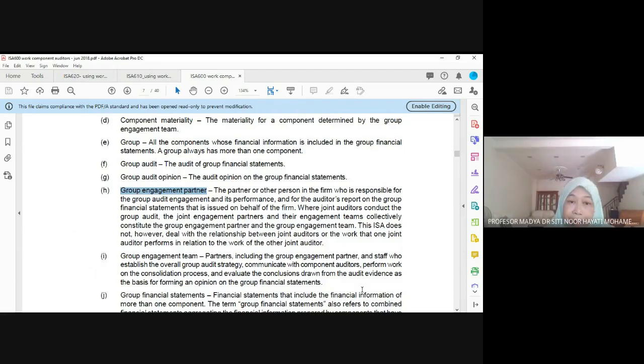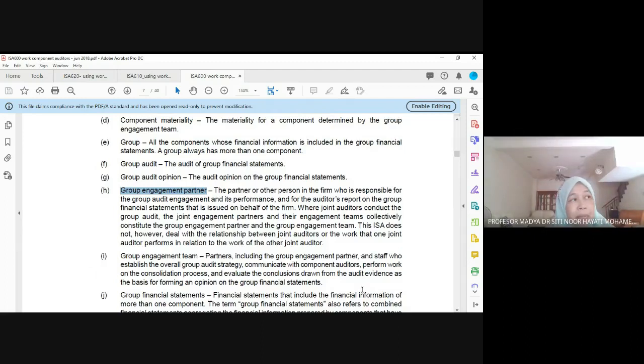The auditor of the parent. So in company S1, the auditor can be a different auditor, which is auditor S1, or it can be the same auditor as the parent. That means auditor P.